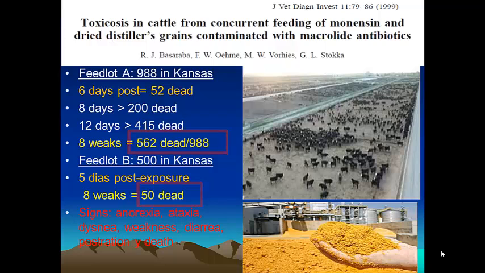Both feedlots had in common that they received shipments of dried distillers' grains from the same source at the same time. And the animals started dying as soon as 3 days after being fed dried distillers' grains. And within 12 days, one of those feedlots had lost 415 animals.